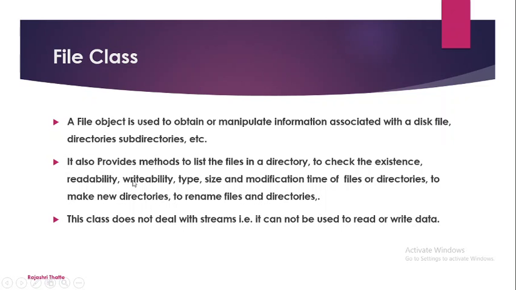Like that, if we want to write or update something in that file, before actually writing into it, we must check whether the write permission is associated with that file or not. So we can check whether that file is writable or not. That writability can also be checked by using the File class.